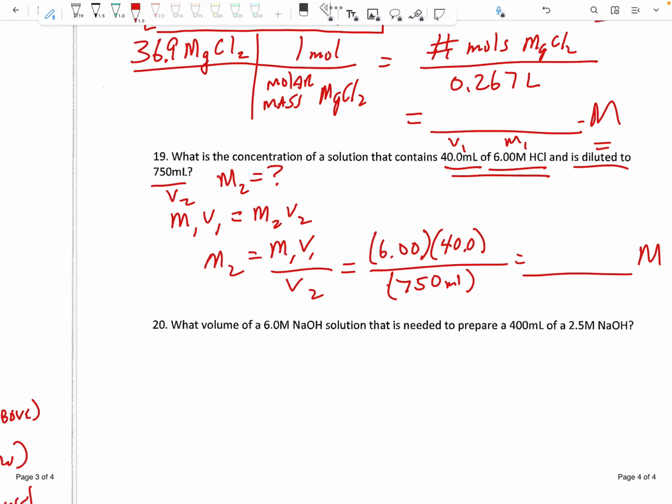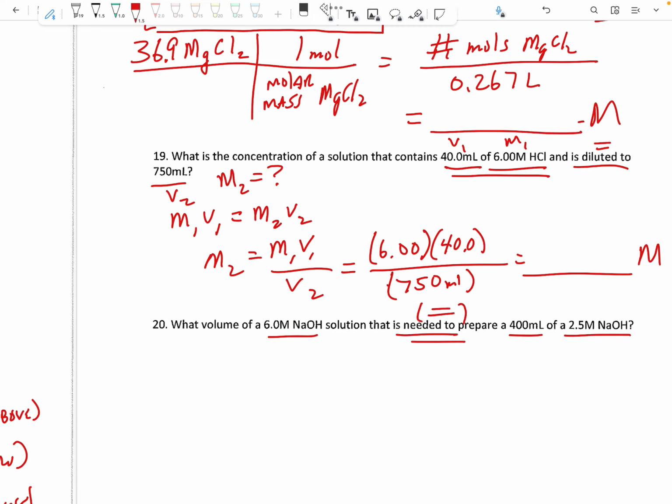The next one is: what volume of 6 molar sodium hydroxide solution is needed to prepare 400 milliliters of a 2.5 molar sodium hydroxide solution? Well, the simple thing to do is set up what we have. Is needed to prepare, that's going to be our equals right there.